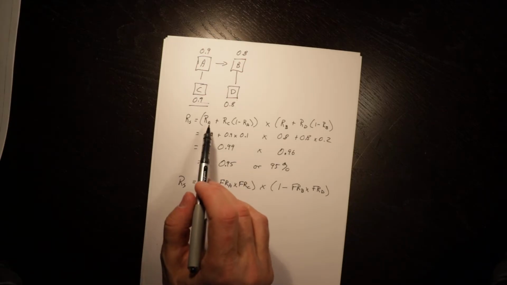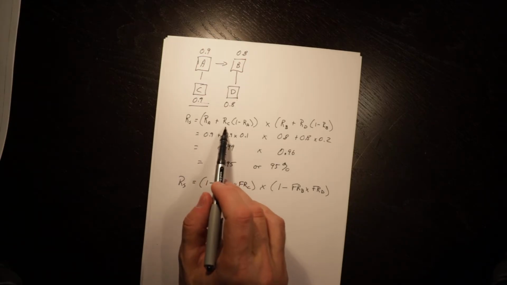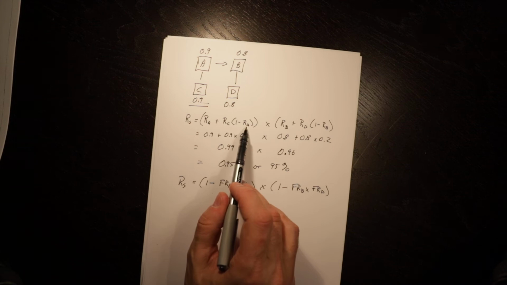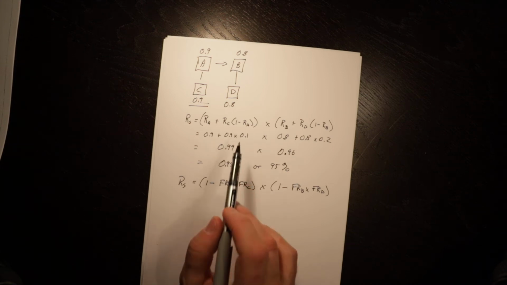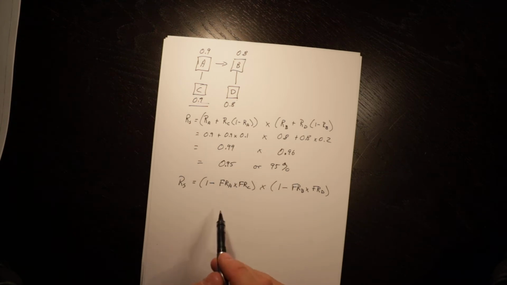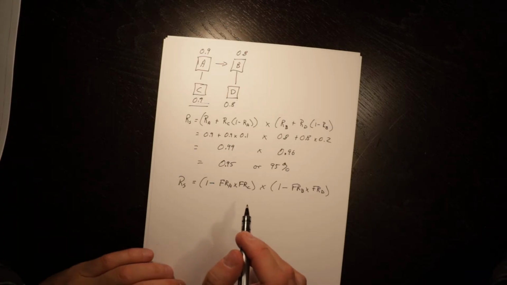The other approach looks at the reliability plus the reliability of the backup times the failure rate of the primary component. They both will give you the same answer. You can use whichever approach you want.